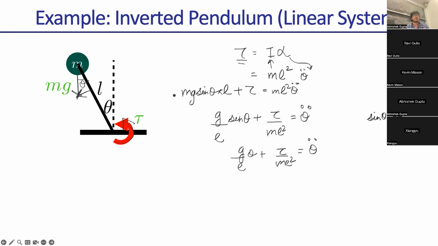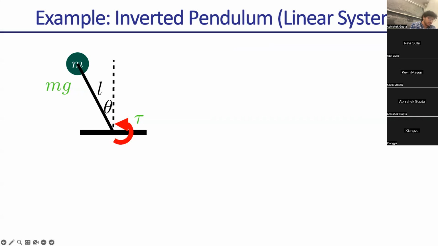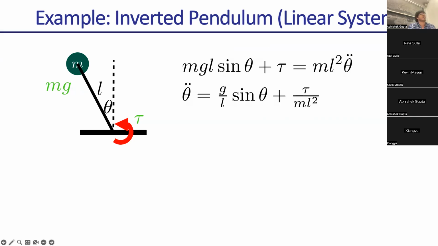Any questions? Okay. So we can typeset it, right? And say theta double dot is equal to g by L theta plus tau over ml squared, right? Now, if theta double dot is equal to this thing, that means that d of theta dot by dt is equal to g by L theta plus tau over ml squared, right?